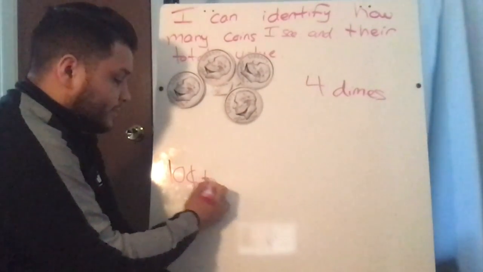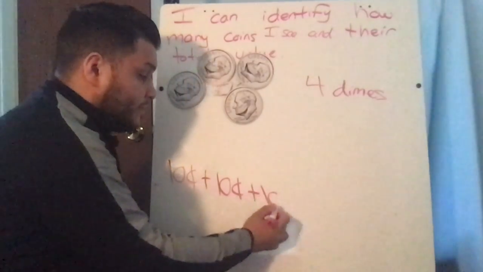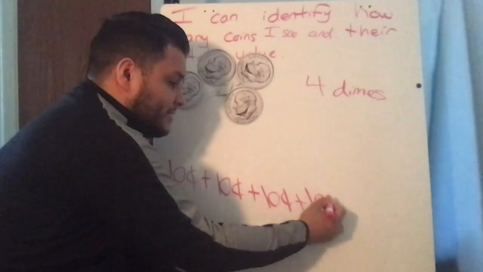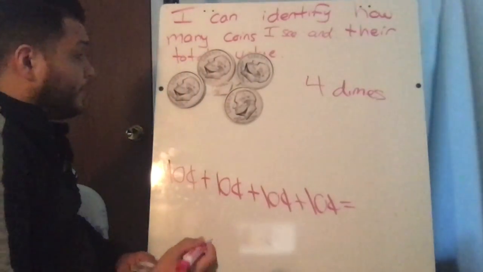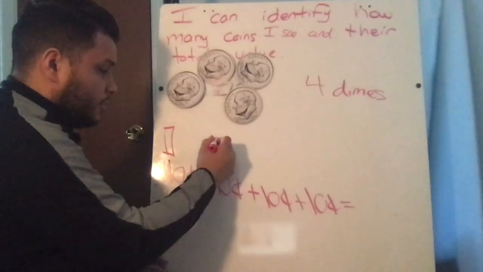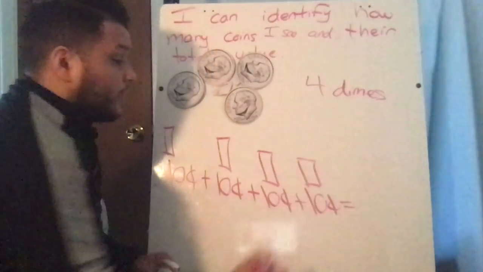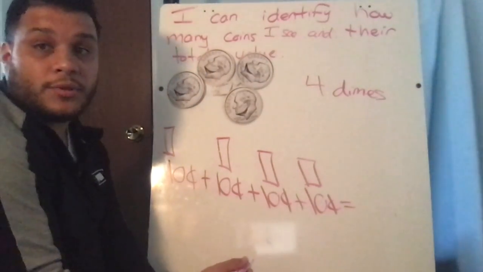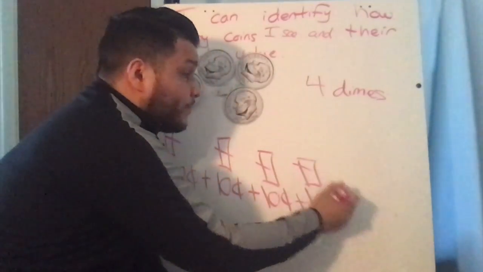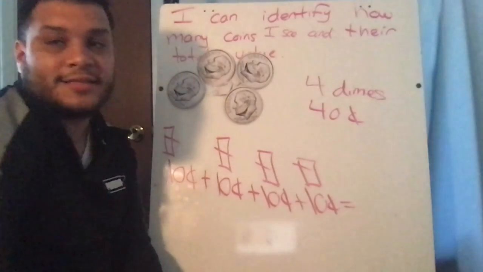So 10 cents plus 10 cents plus 10 cents plus 10 cents. I want to draw my picture. So I'm going to draw a base 10 block here. That's 1, 2, 3, 4. Then I have to go through and count them. Ready? 10, 20, 30, 40. 4 dimes equals 40 cents.